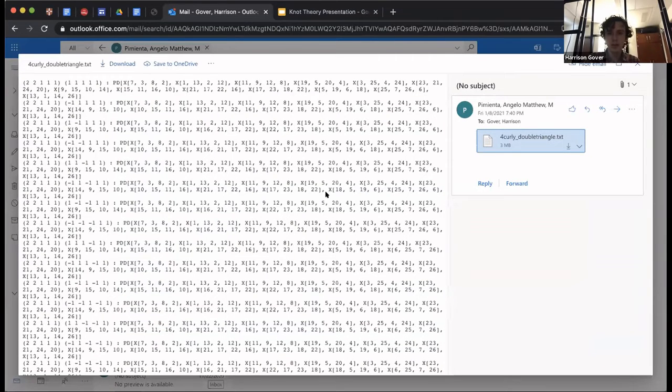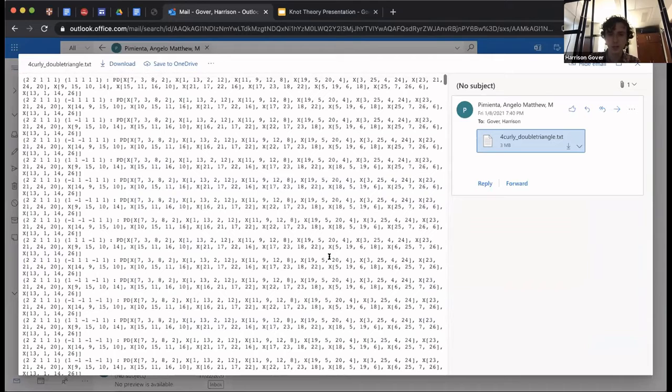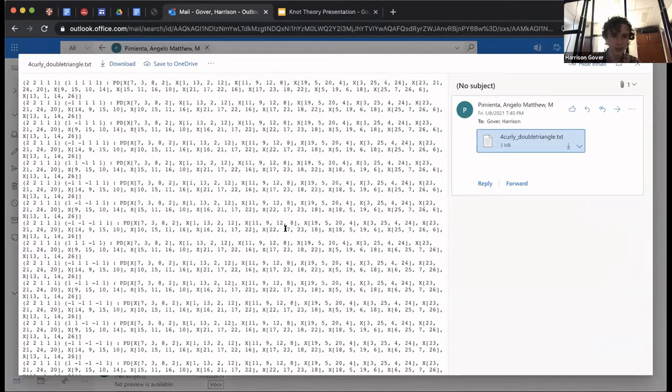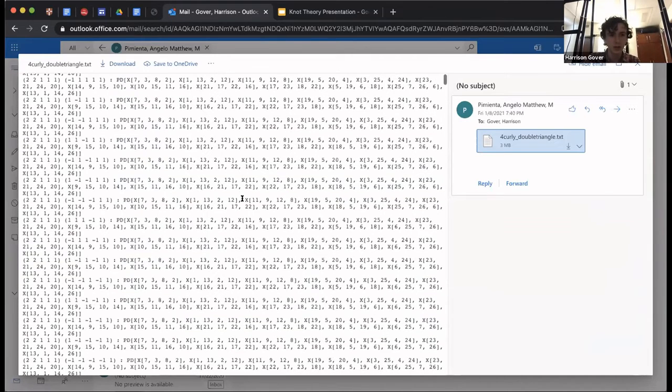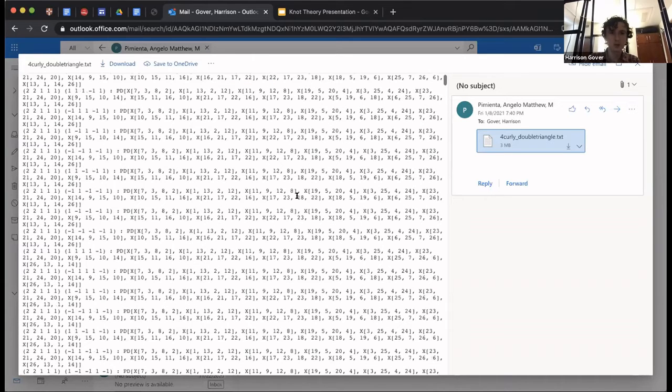So knot theory has a lot of computer science, as Calvin and Ben have explained. What you're looking at right now is a file produced by a friend named Matthew Pimienta, who used to be part of the knot theory group.